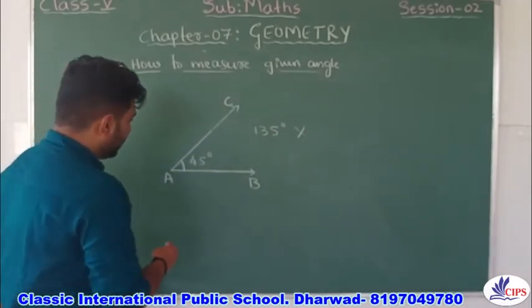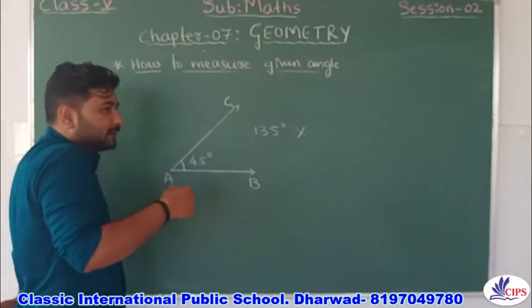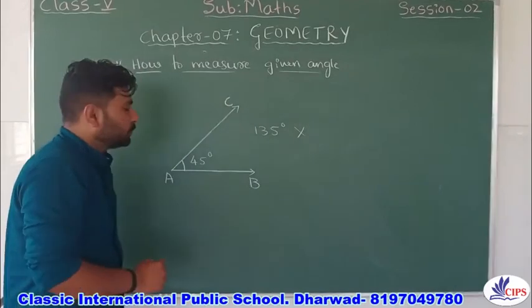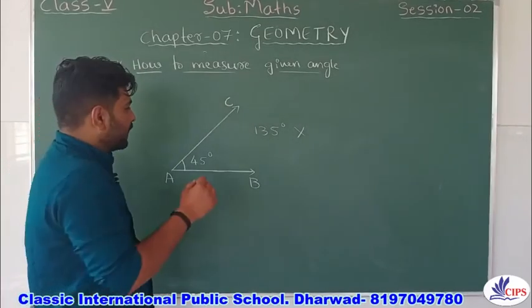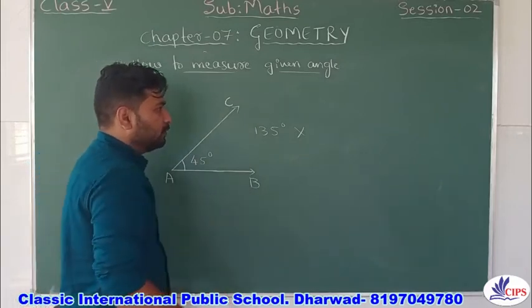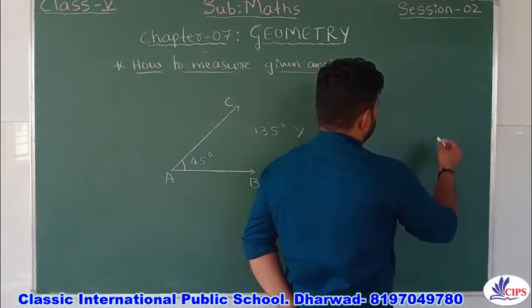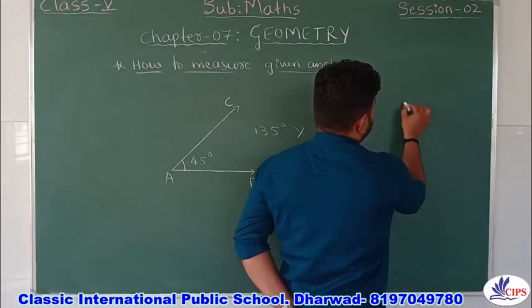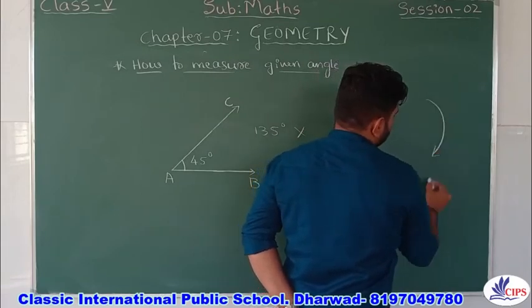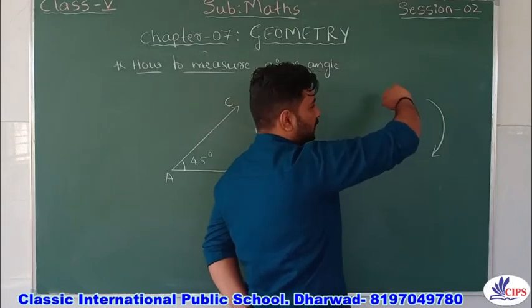Now, see, this is a kind of hobby or a kind of rule, you can say. What is the rule? The rule is that if this is the angle, you always look from right to left. Right to left in the sense, clockwise means in this direction, correct? How the clock runs?